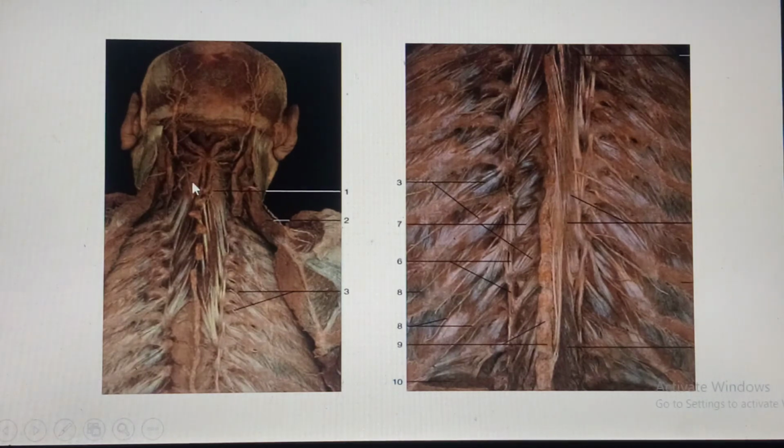They originate from the transverse processes of C7, the 7th cervical vertebra, all the way to T11, and immediately they originate, the fibers insert on the rib just below it.